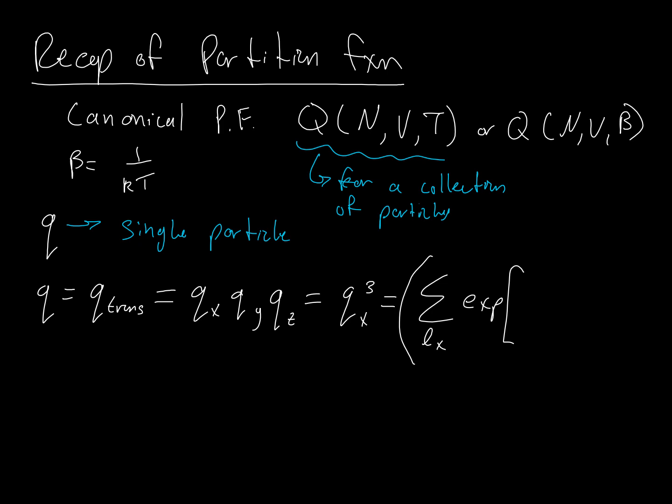Now, the classical form of this was derived assuming that molecules were not quantum particles, but were rather classical particles. But in this sense, it makes sense just to jump into the quantum mechanics explanation. And cube it because we're doing that 3 times, once for the x, once for the y, once for the z.